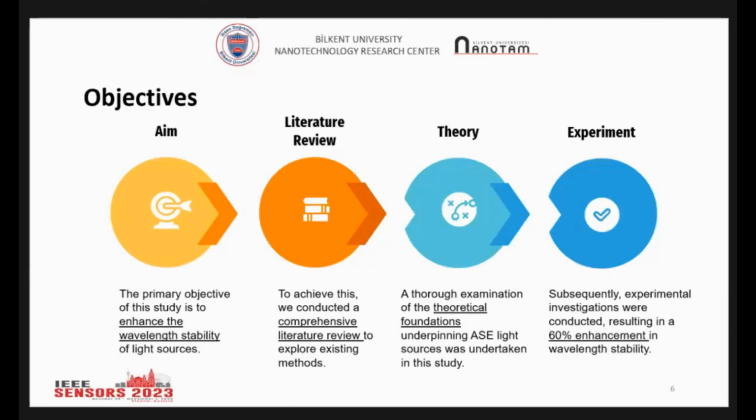According to that information, we studied the theory of ASE light sources, and then we also conducted experimental investigations. As a result of this experimental work, we achieved almost a 60% enhancement in the wavelength stability. In the next few slides, I will share the details of our work.